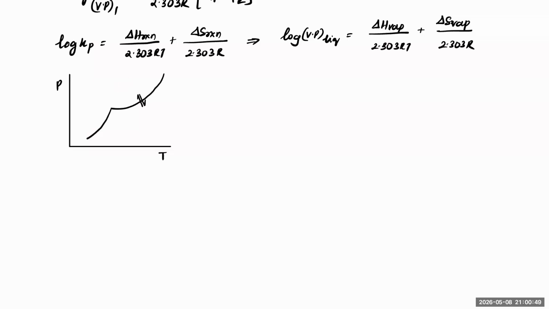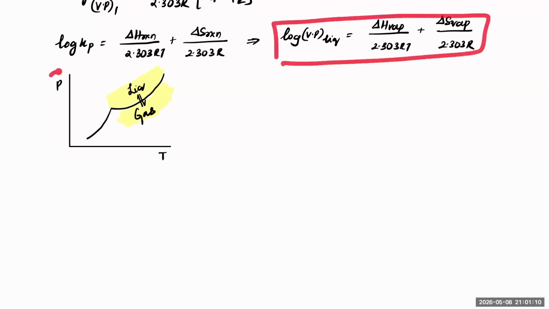This side of the part is completely in liquid state, and this side is completely in gaseous state. So if you use this equation and plot vapor pressure versus temperature, this is the type of graph you will get.